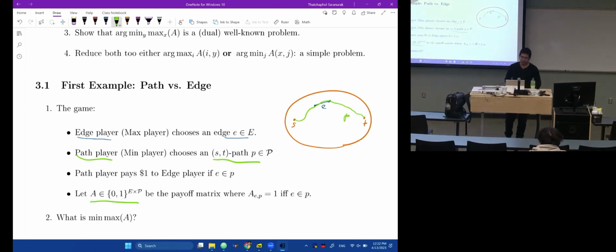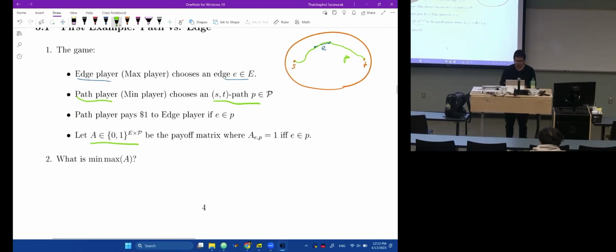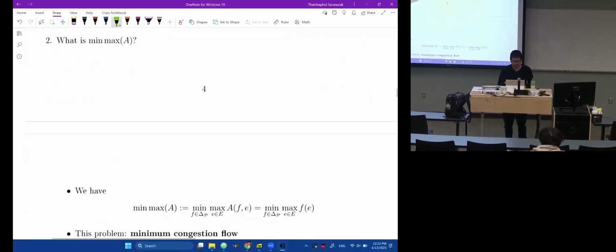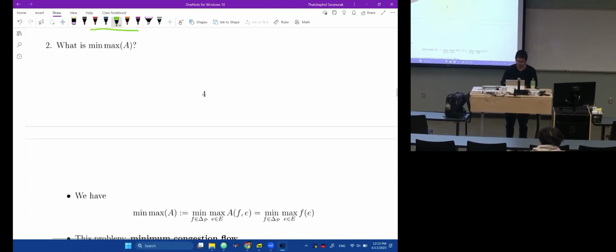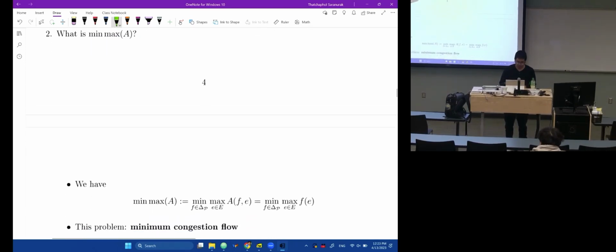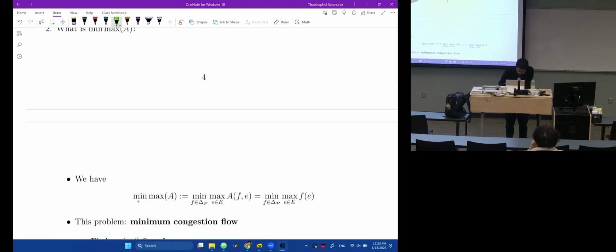Right. So now let's see what is min-max of this game. Let's interpret what is min-max of A. All we need to do is just write down the definition of min-max of A. So it's the min over F, which is a distribution over columns.